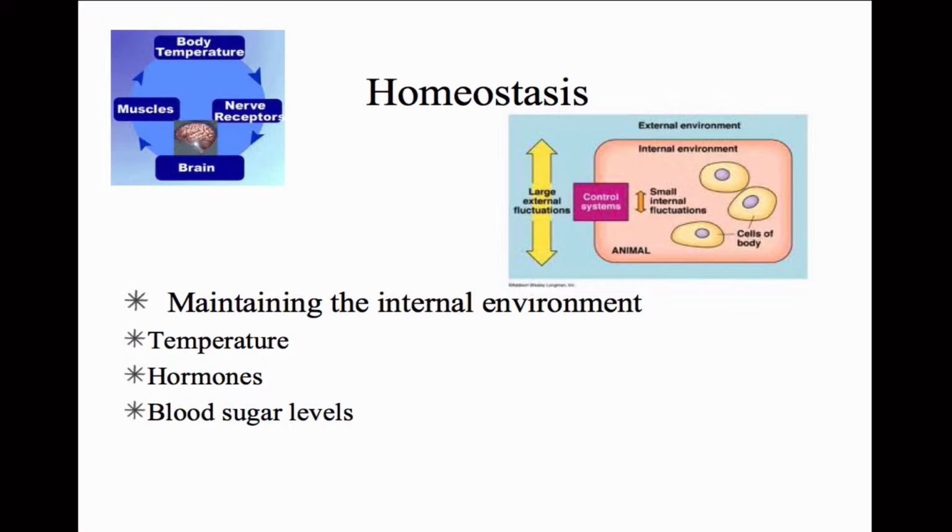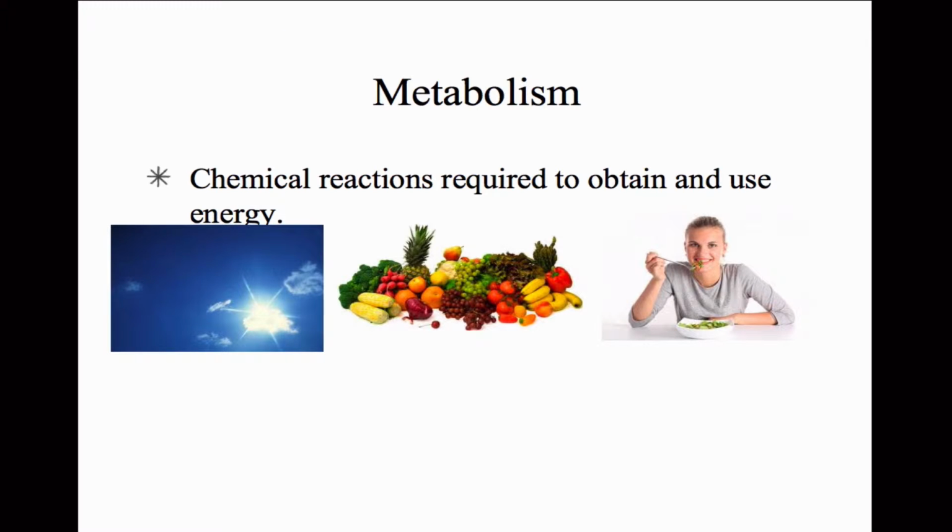Metabolism is all of the chemical reactions that are required to help you obtain and use energy. So we know that all energy comes from the sun. Okay, so it all starts right here with the sun. Plants then use that energy to make their own energy.